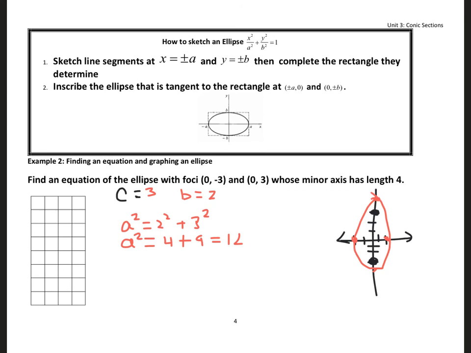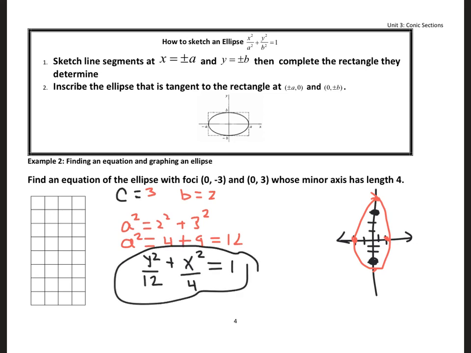So the equation, because that's what we are interested in here, is going to start with y squared because it's on the y-axis. y squared over a squared, which is 12, plus x squared over b squared, which is 4, is equal to 1. So that's the equation.